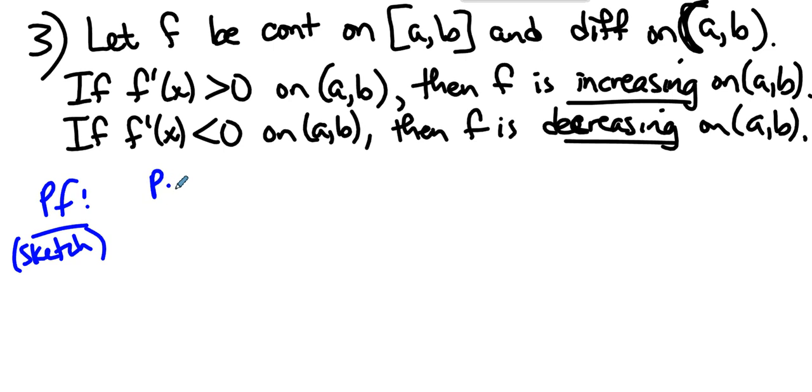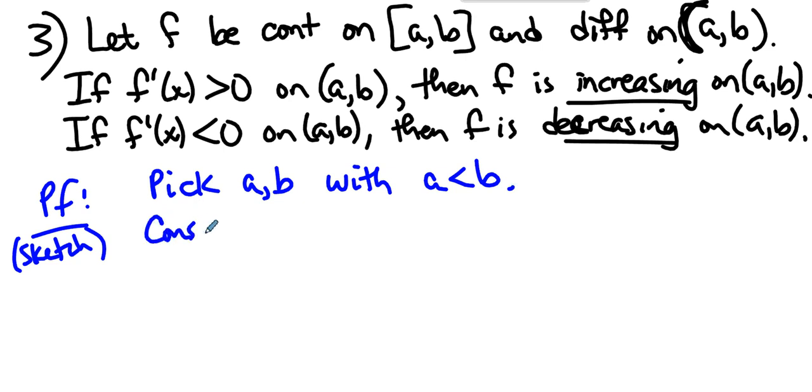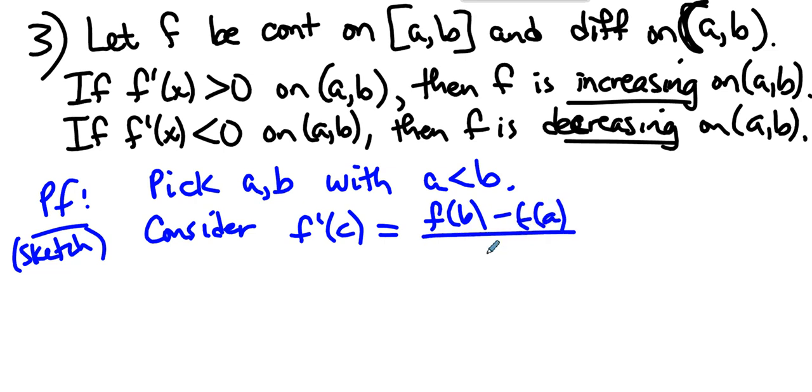We're going to pick A and B with A less than B. And we're going to consider f prime of C, which by the mean value theorem is f of B minus f of A over B minus A for some C that's in between A and B. So there's some C between A and B for which this is true.